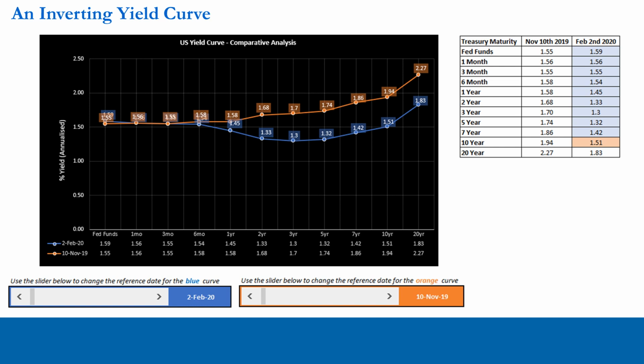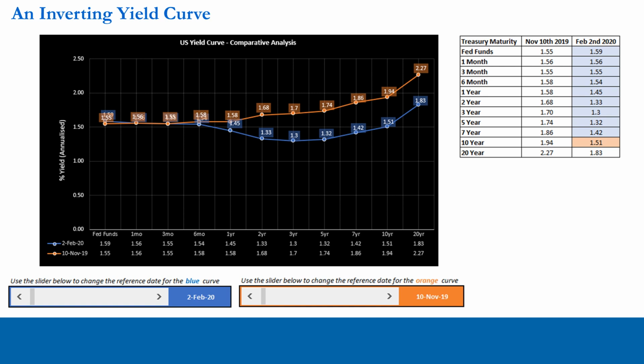Meaning, if we look at the 10-year and the 2-year price of money, in the chart we're looking at 1.51 and 1.33 when we take the snapshot on February 2nd, 2020. The market uses this, the 10s minus 2s, as an anchor, as a benchmark, as an indicator for economic contraction. So the potential for recession, 2 negative quarters of GDP growth.